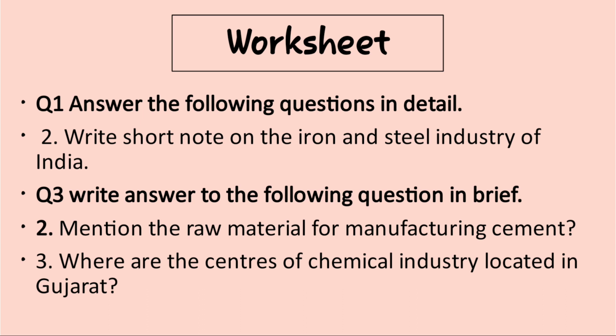Write short note on iron and steel industry of India. For that, please come to page number 106 of our textbook. Page 106, last heading iron and steel industry, 2 paragraphs, and in page number 107, 1 paragraph, 4 lines are there.